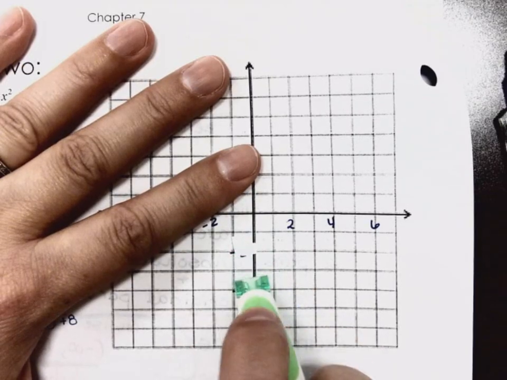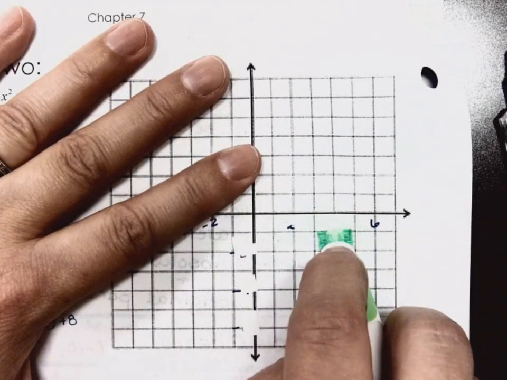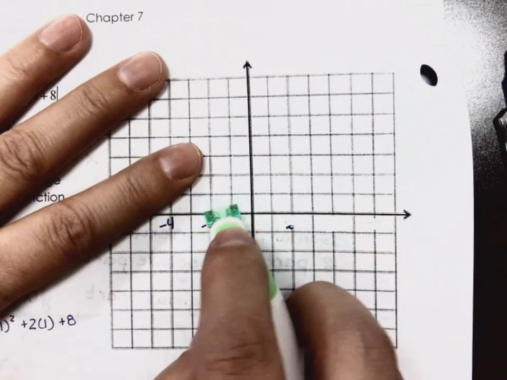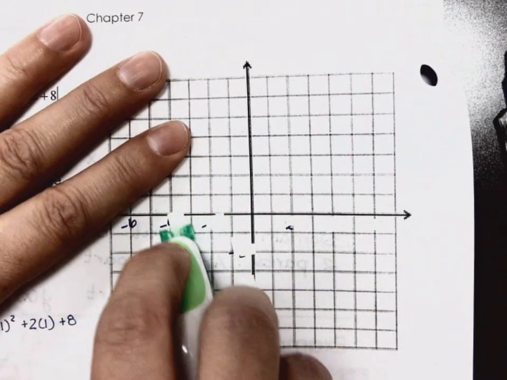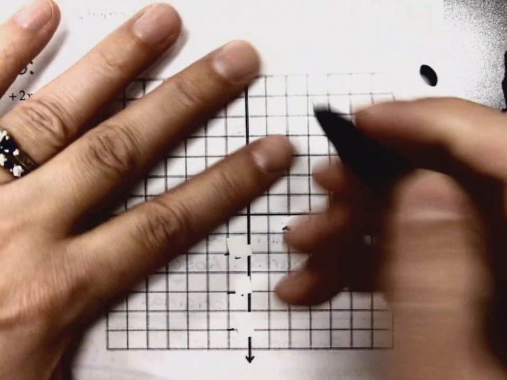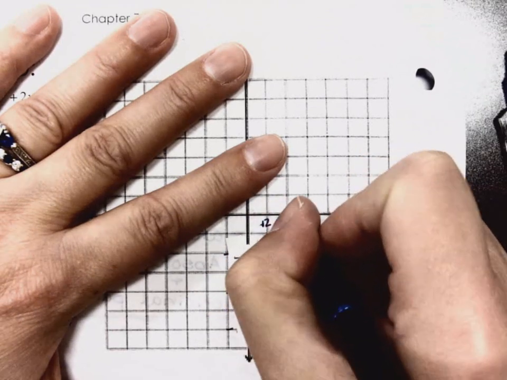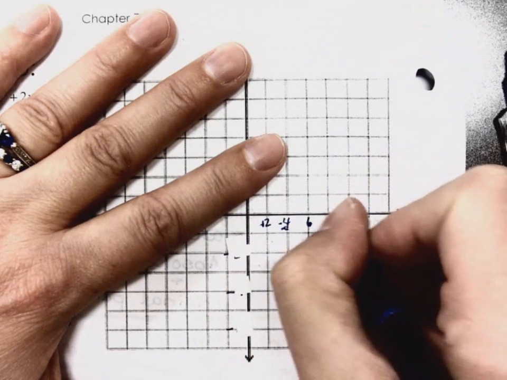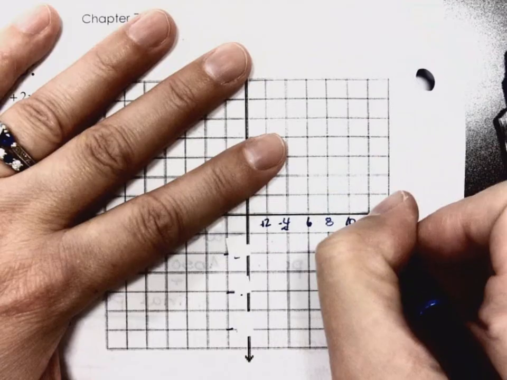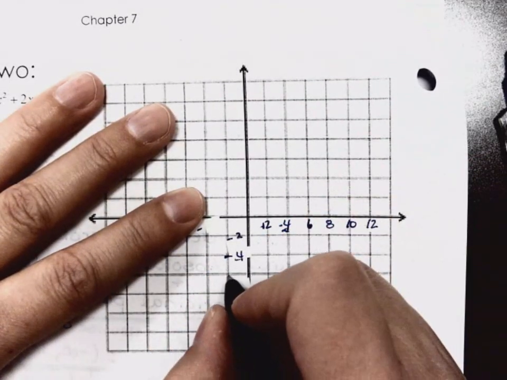I have the same problem, I just realized. Each one will be 2. Now my little brain can't handle that, so I'm going to go negative 2. Oh, that's a positive 2. 4, 6, 8, 10, 12.